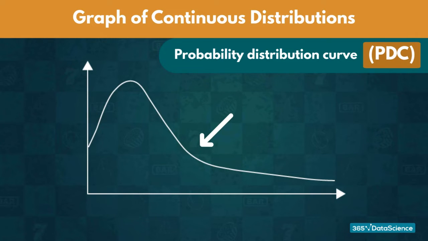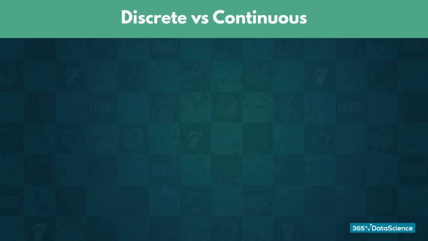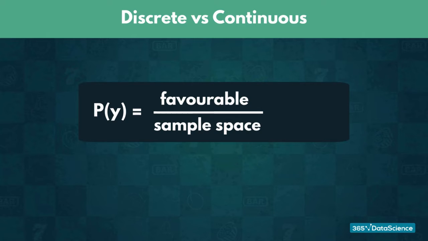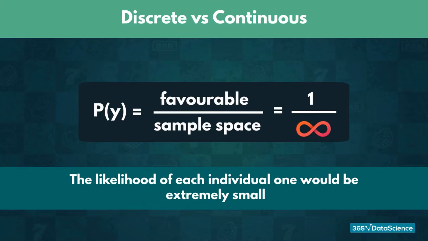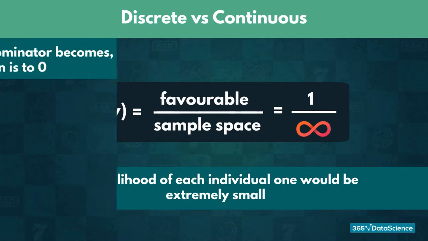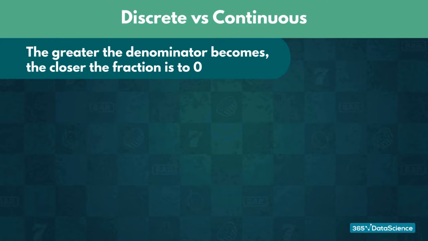Now on to some further differences between discrete and continuous. Imagine we used the favored overall formula to calculate probabilities for such variables. Since the sample space is infinite, the likelihood of each individual one would be extremely small. If we assume the numerator stays constant, algebra dictates that the greater the denominator becomes, the closer the fraction is to 0.